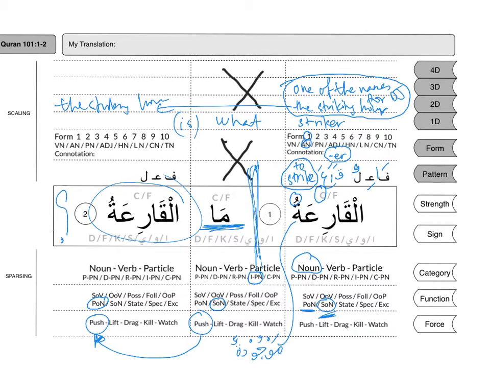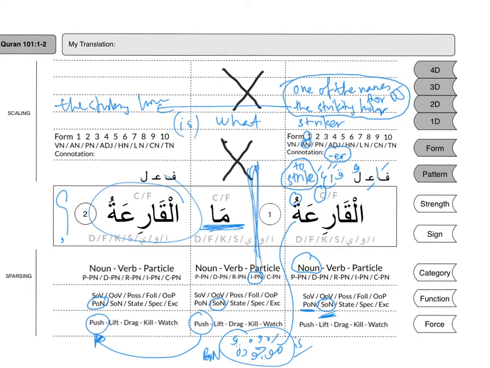Mawjudatun means existent, or there. So in that case, al-qari'ah is there. The striking hour is there, the striking hour exists, the striking hour is existent. So in that sense, mawjudatun here is the predicate of nominal, because it's a noun, and then you assume an "is" for the translation.